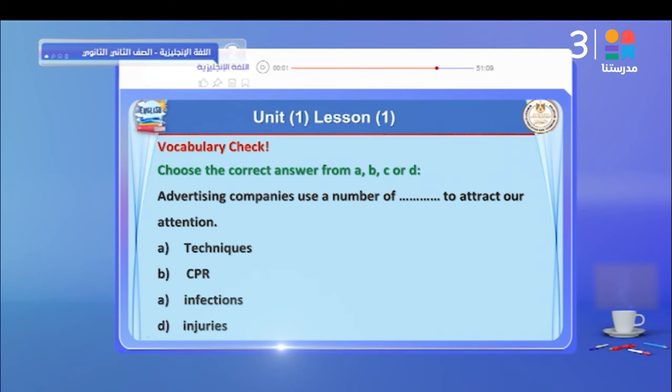Okay? Use a number of what? A number of ways, of course, a number of methods to attract our attention. So what is the word here that is the synonym of ways or method, or gives the same meaning? It's of course the word technique.